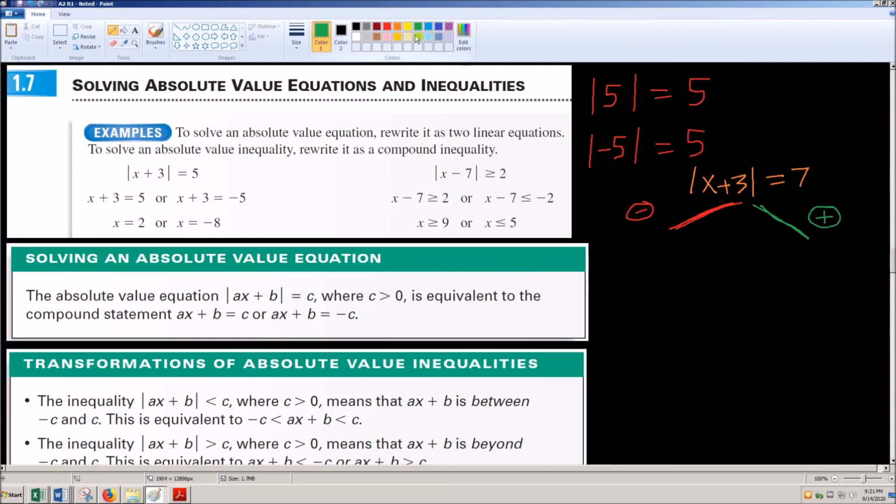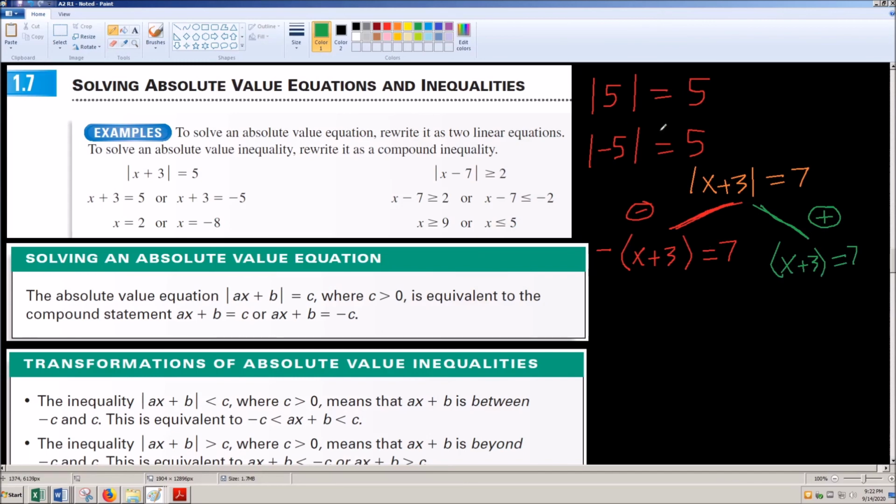Looking at the negative version of this, I'm going to throw a -1 on the outside, so it just looks like a negative sign. Inside is going to be my x plus 3, and I'm going to say equals 7. I'm going to do the same thing, except I'm going to throw a +1 on the outside, so it doesn't look like anything, and I say x plus 3 equals 7. Now I'm going to solve for these two individually.